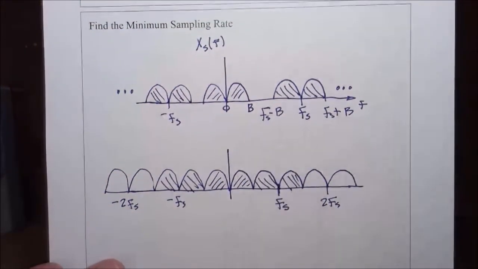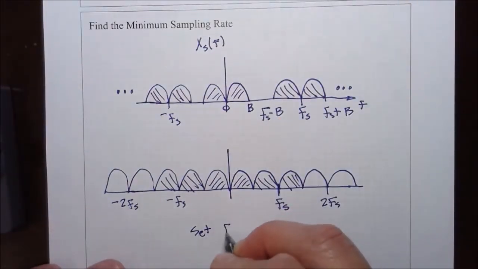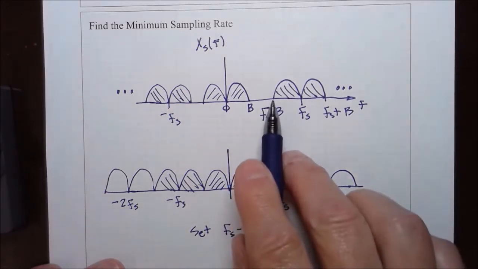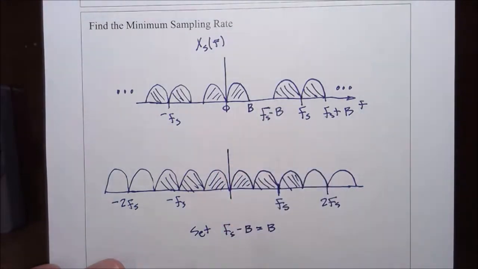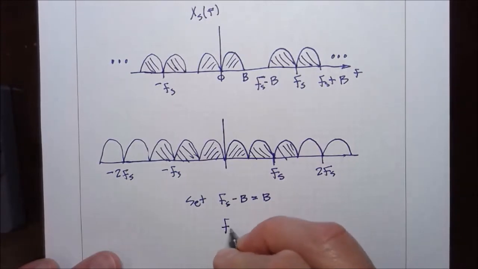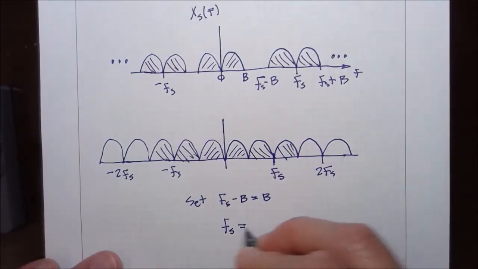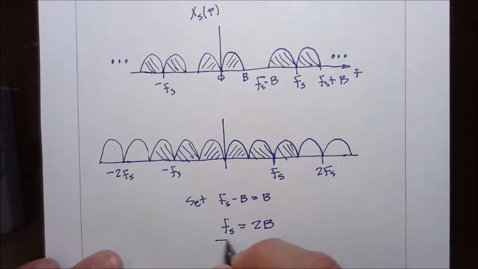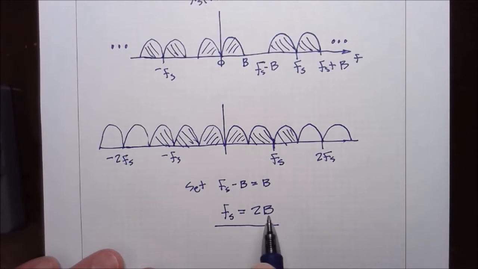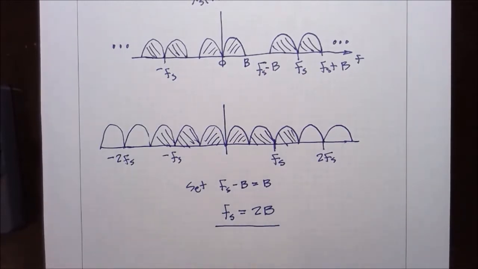If we set fs minus b equal to b, so that these points coincide, then we can solve for the minimum sampling frequency equal to 2b. Okay, so the minimum sampling frequency is twice the bandwidth of the original message signal.